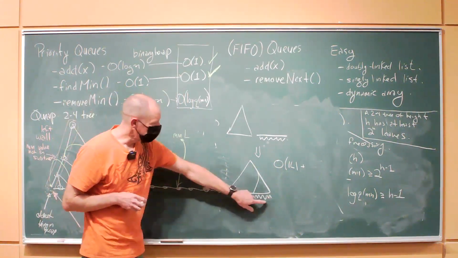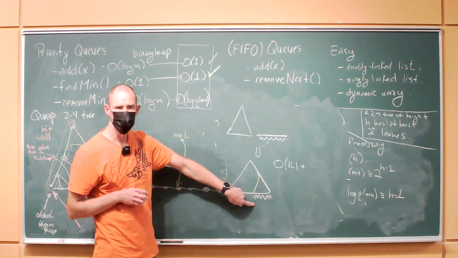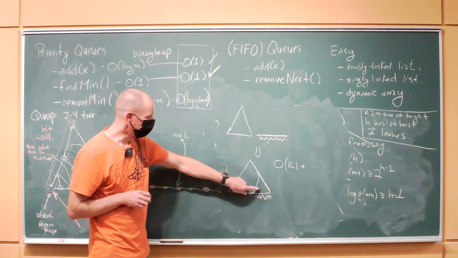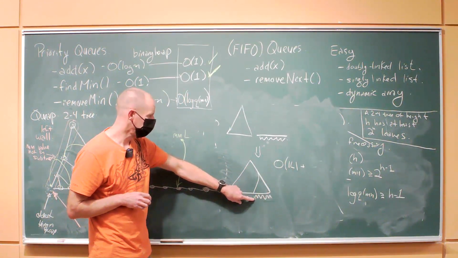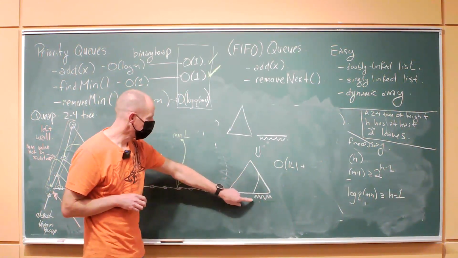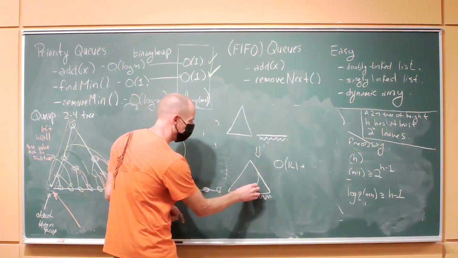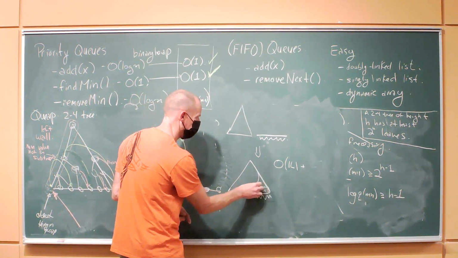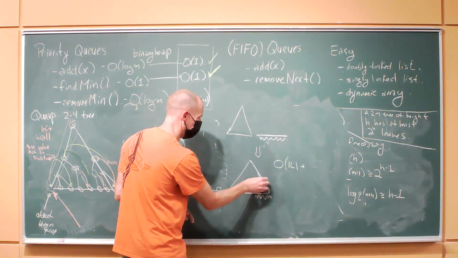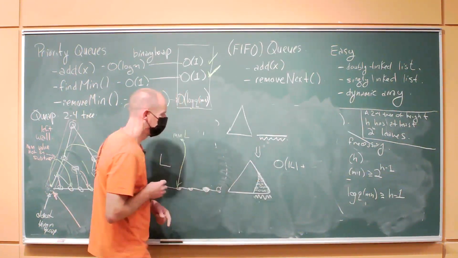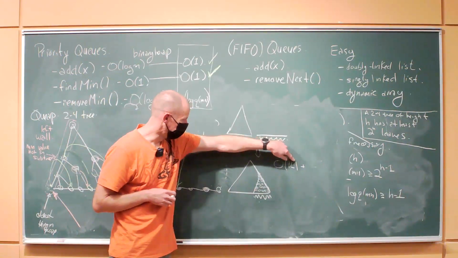Then that creates a whole bunch of new internal nodes. But the number of new internal nodes here is only proportional to the number of leaves. So O of L, to compute the mins of all these new internal nodes that you created, you can just do that bottom up. So that's all captured in the O of L.